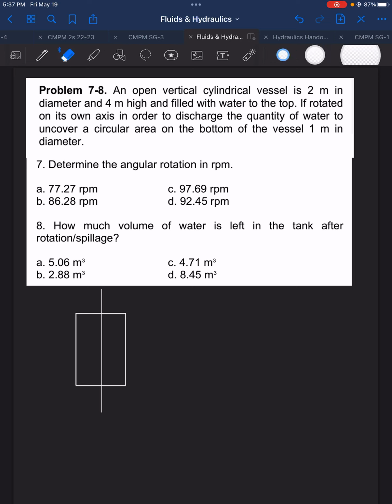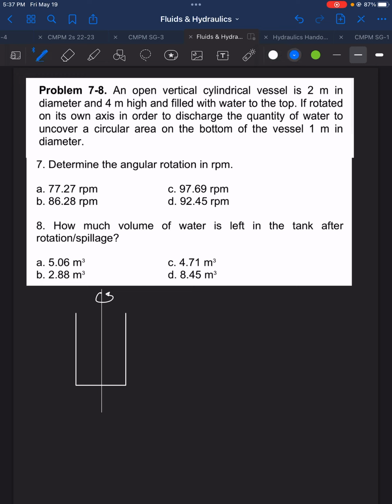So this is the symmetry, because it says there the rotation is on its own axis, therefore means here is the rotation. And it is filled with water to the top, and then it starts to rotate. So upon rotation, of course, there will be spillage of water.